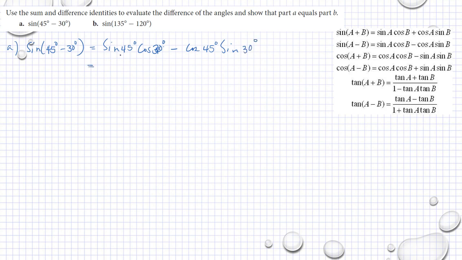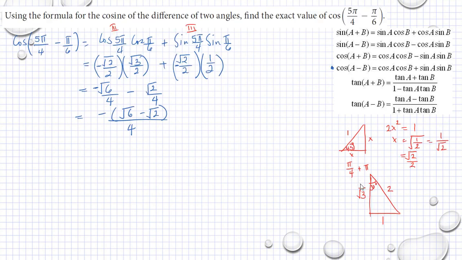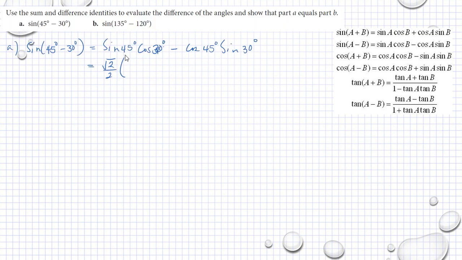We know that sine 45 degrees is square root of 2 divided by 2. And cosine 30 degrees, if you don't remember, is square root of 3 divided by 2.